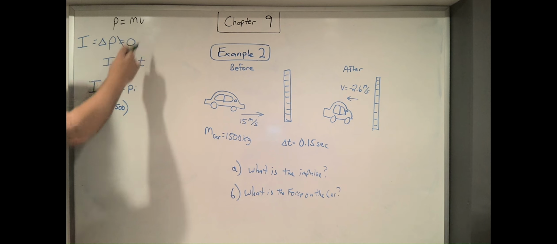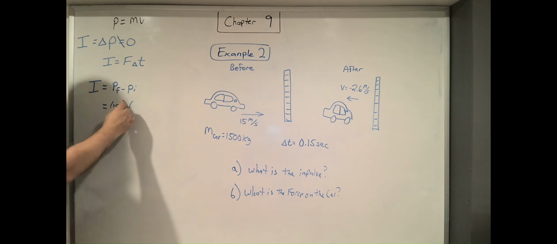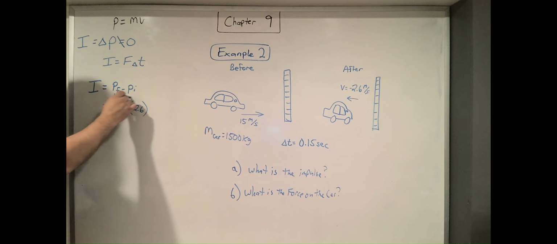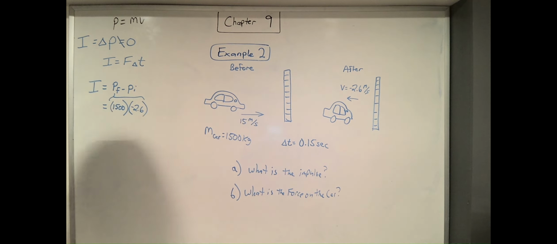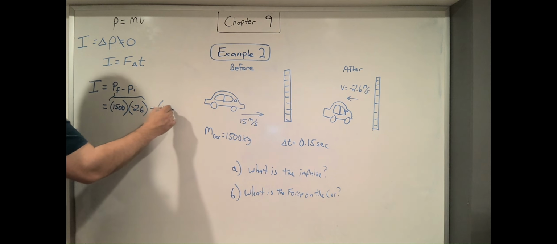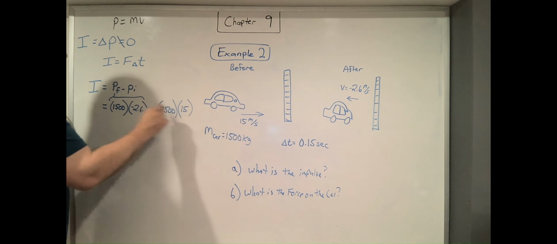Okay, so I'm doing P is equal to M times V. My final mass is 1,500. My final velocity is going to be negative 2.6. All right, so that takes care of that part. Minus my initial mass, 1,500, times the initial speed, which was 15.